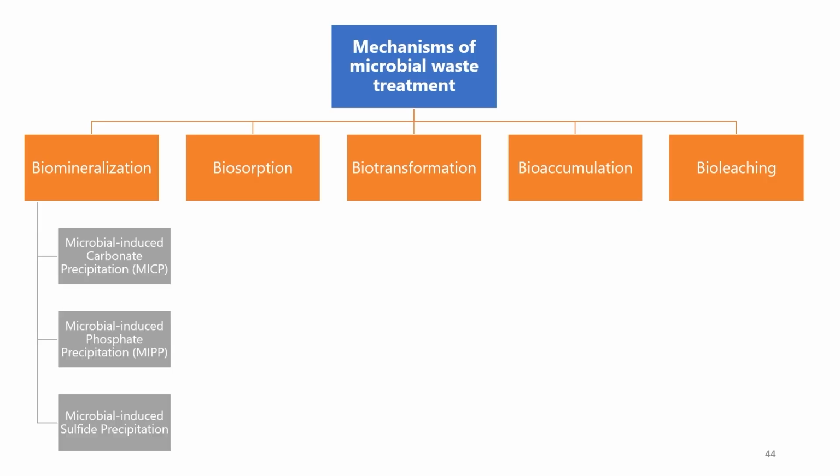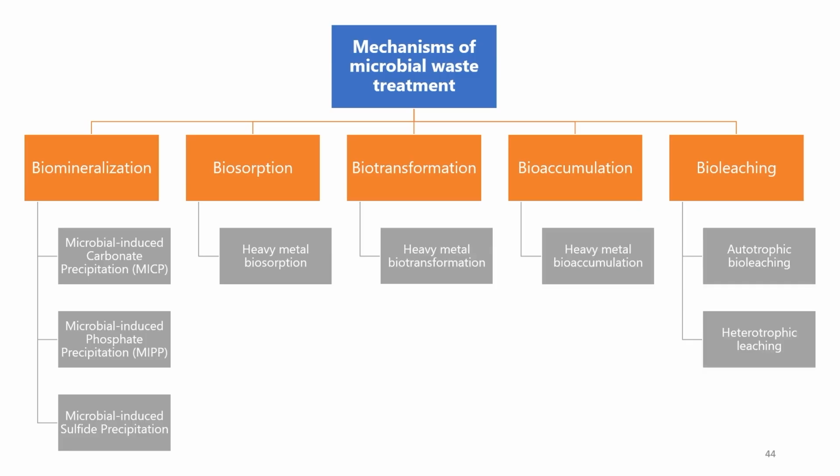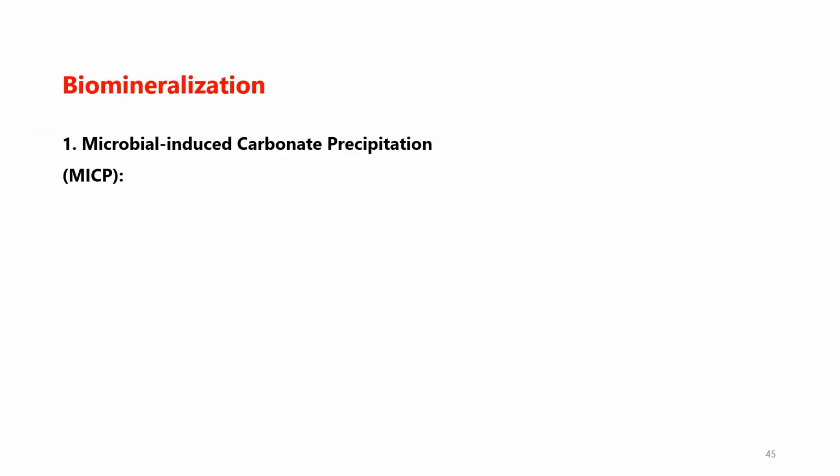But then we have various types of biomineralization, which are microbial induced carbonate precipitation, microbial induced phosphate precipitation, microbial induced sulfide precipitation. Then we have heavy metal biosorption, and then we have heavy metal biotransformation and heavy metal bioaccumulation. Then we have autotrophic bioleaching and heterotrophic leaching.